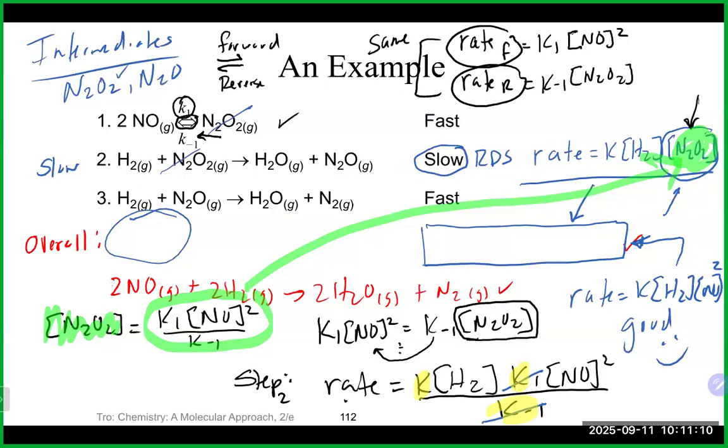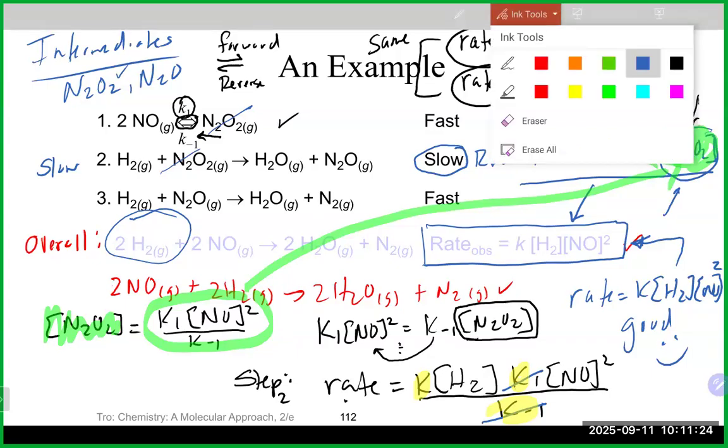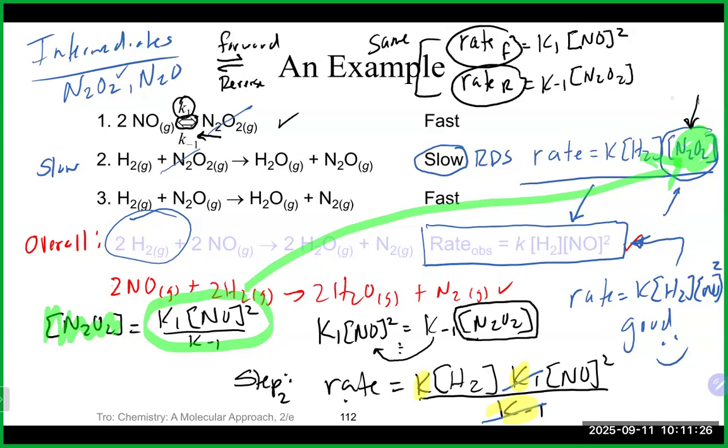Where I substituted? Yeah, I substituted in originally when we first started. We wrote it's the stuff that is highlighted here, right here in green, right into here. This was the original rate law from step number 2.